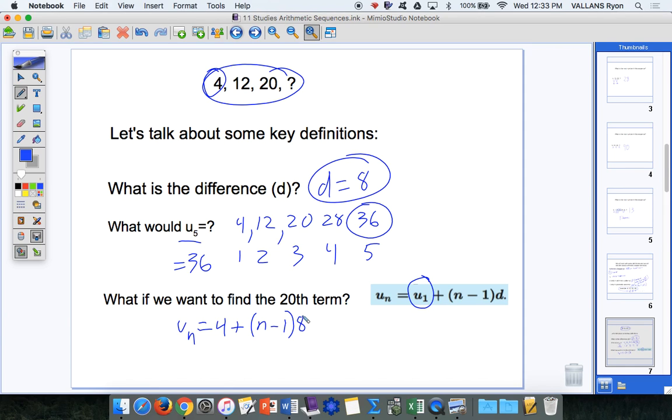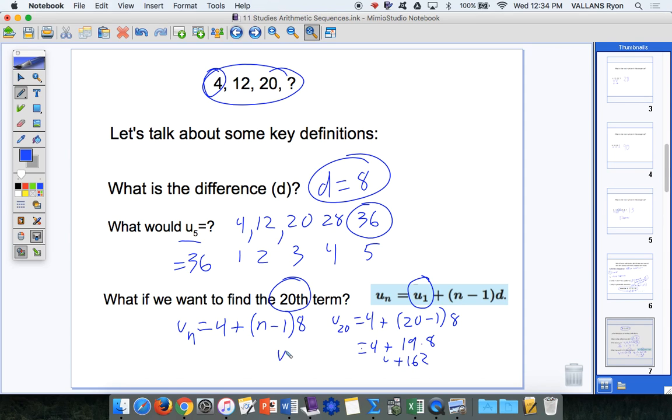So if I want to find the 20th term, I just plug in 20 anywhere I have an n. So I end up with 4 plus 19 times 8, which is 19 times 8, 162, plus 4.